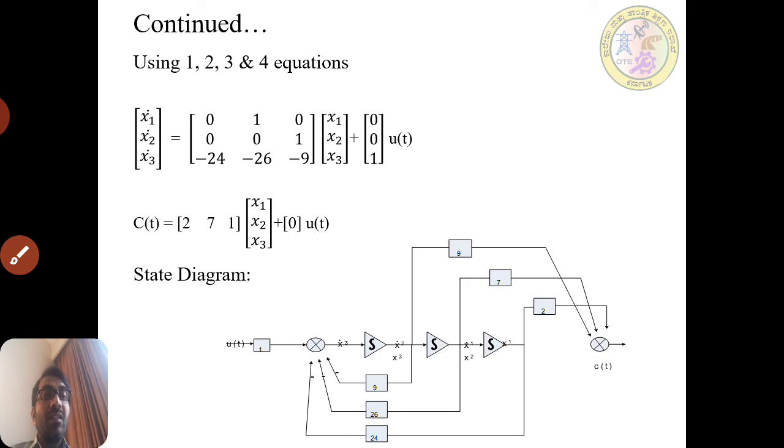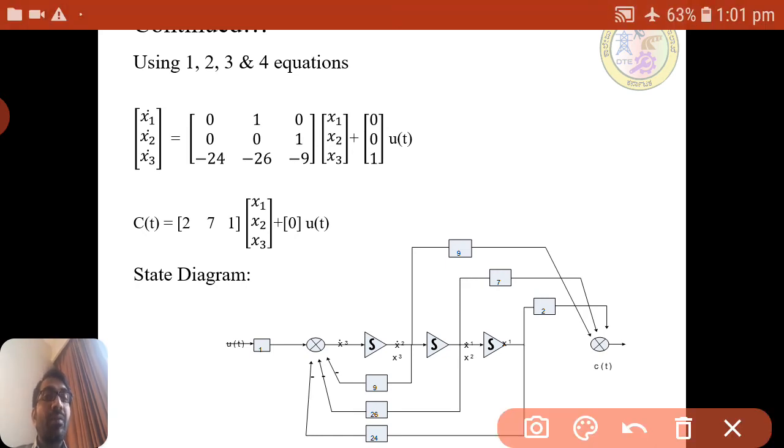After considering the four equations, we can write them in matrix form.